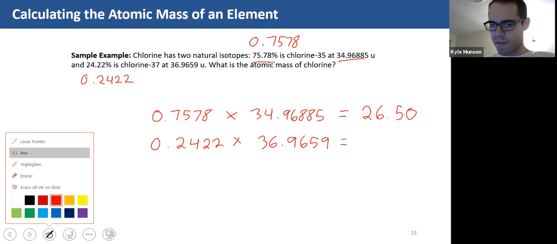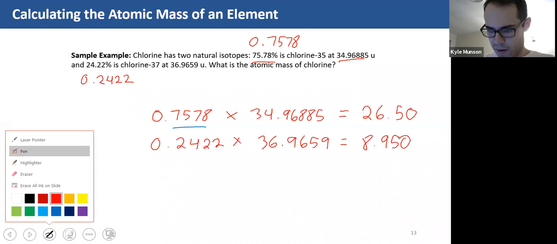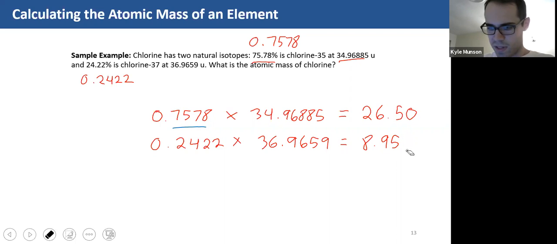We have 4 sig figs. That's right, sig figs have not gone away. So our answer can only have 4 sig figs. For the second, I get 8.950, I believe. Let me plug that into my calculator one more time: 0.2422 times 36.9659. Actually, that's a 3 at the end. So there you go. You always want to double check your work.